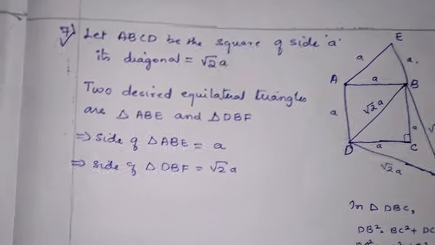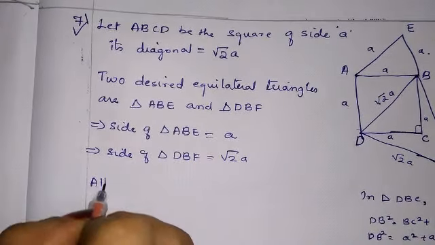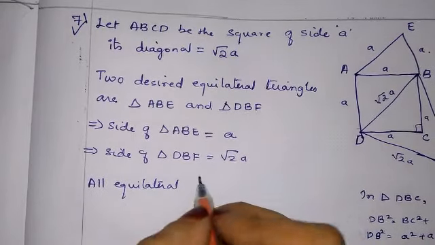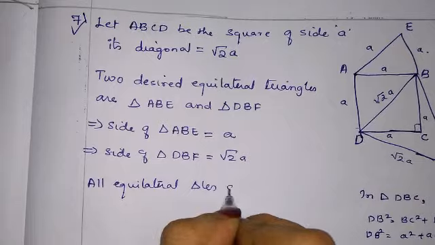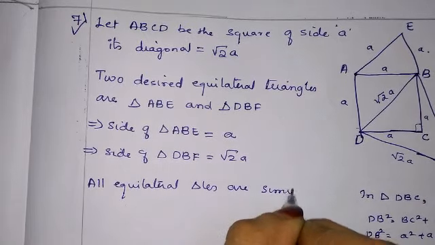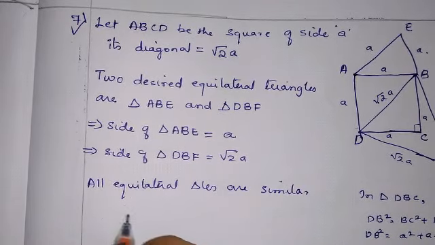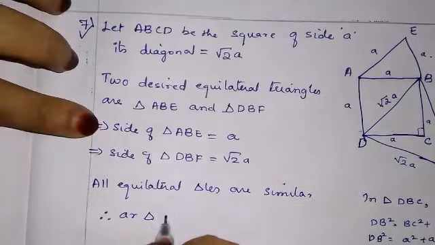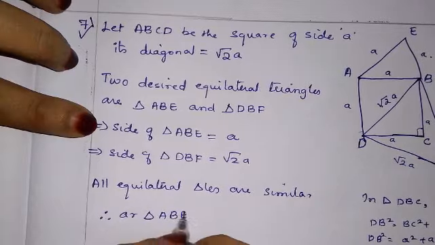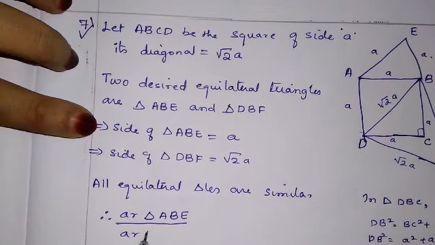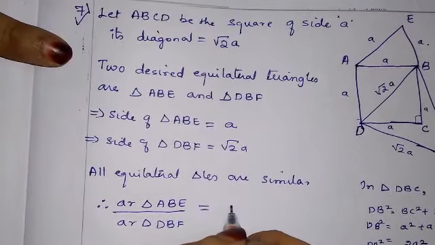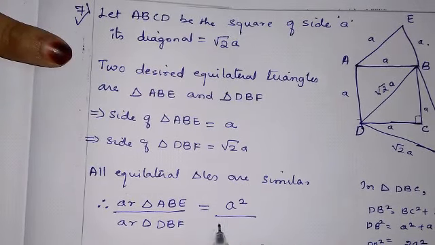And we also know that all equilateral triangles are always similar. Therefore, the area of triangle ABE upon the area of triangle DBF is equal to a square upon root 2 a whole square.